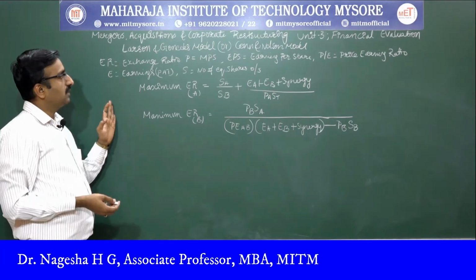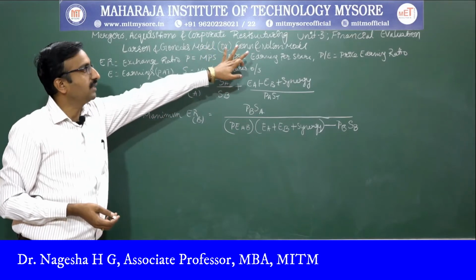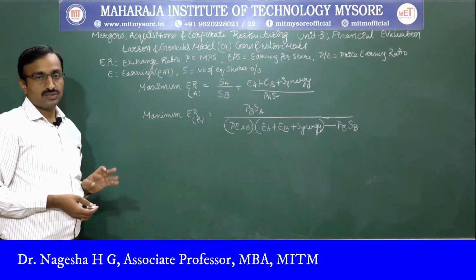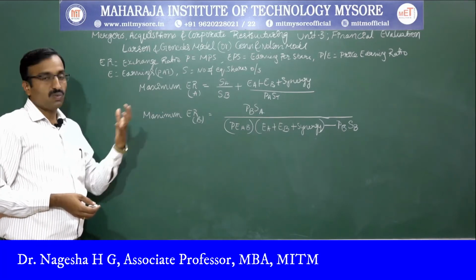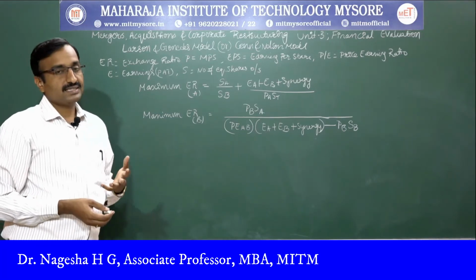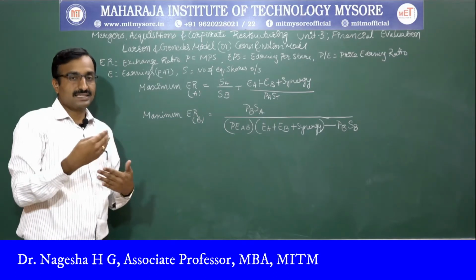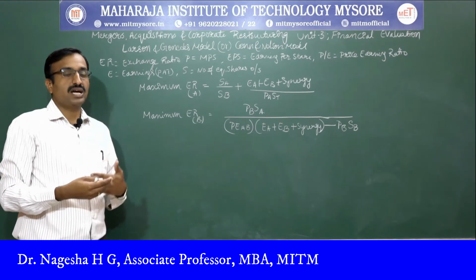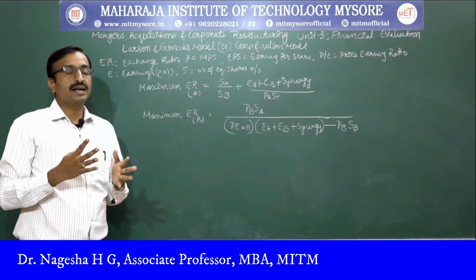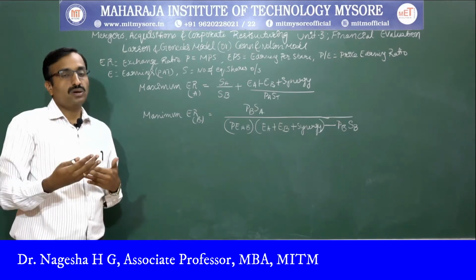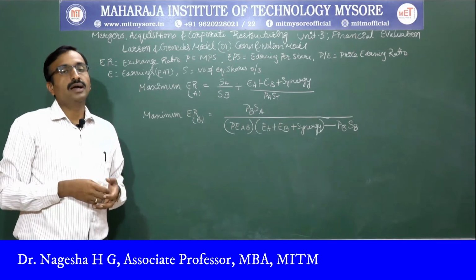So what is this model and what does it say? Usually the buyer goes for the lesser exchange ratio, that is the mind of the buyer, and the seller goes for a higher exchange ratio.